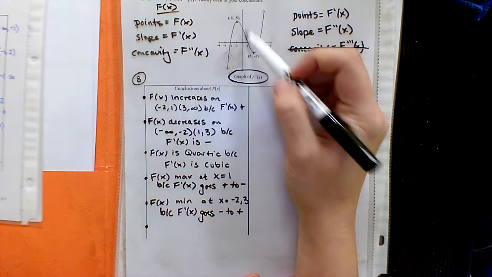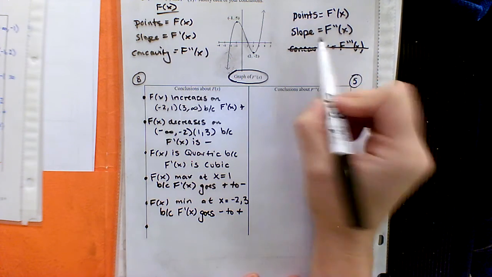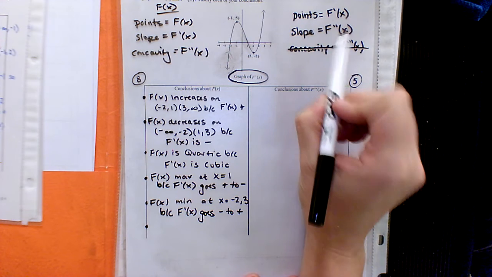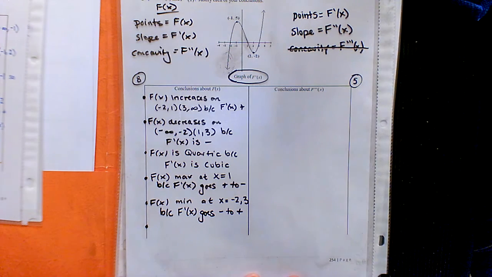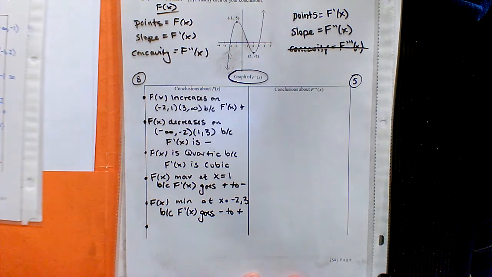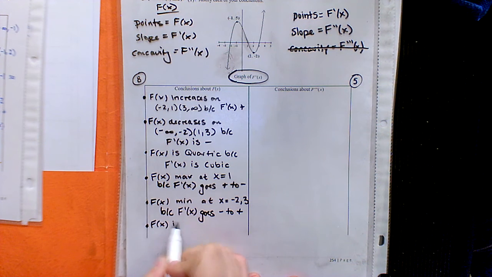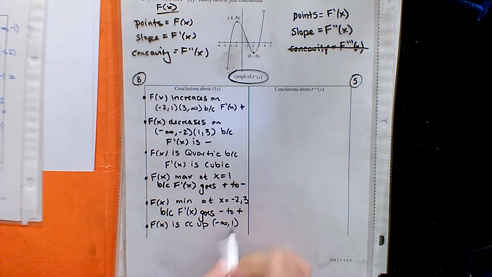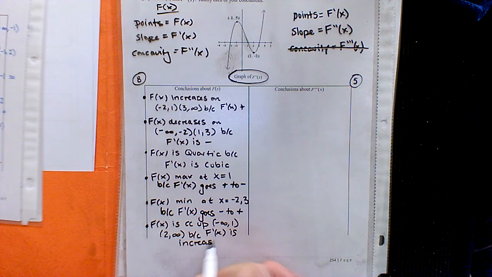So the slope of this graph is telling us something about the second derivative, and we should know the connection about the second derivative to the original. So let's see if we can analyze the slope of this graph to help us with concavity. Griffin, where'd you want to go? F of x is concave up on negative infinity to 1, and then 2 to infinity, because that's where f prime of x is increasing.